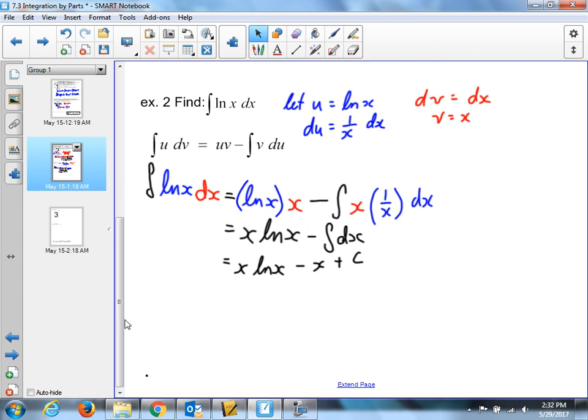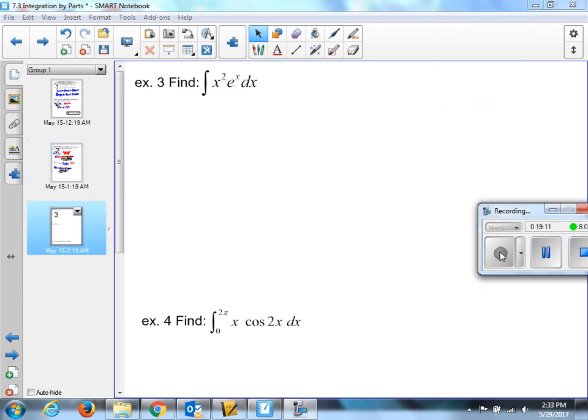Now, incidentally, I forgot to mention this. So in this one, what's a good choice for u? Is it the x squared or the e to the x? Remembering your choice for u means if you take its derivative, it should change it so it's simpler. So x squared, because if you chose the e to the x, the derivative is still e to the x, it's no simpler, right? Okay, so u equals x squared.